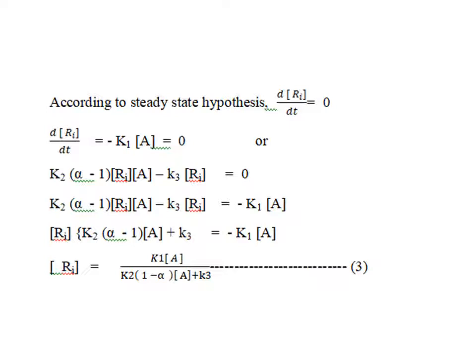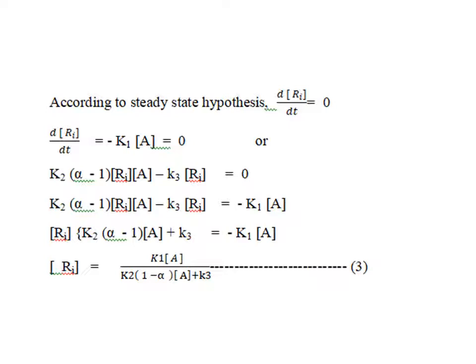We have Ri common, so we can write it as Ri into K2 alpha minus 1 into concentration of A plus K3, that is equal to minus K1 into A.